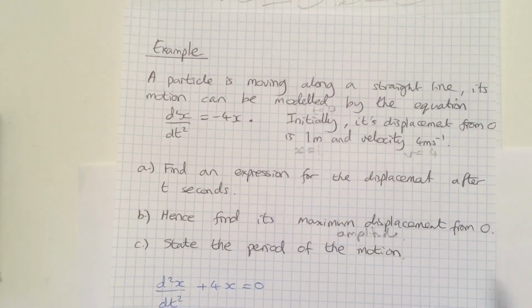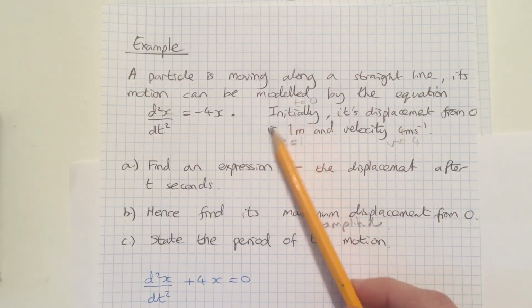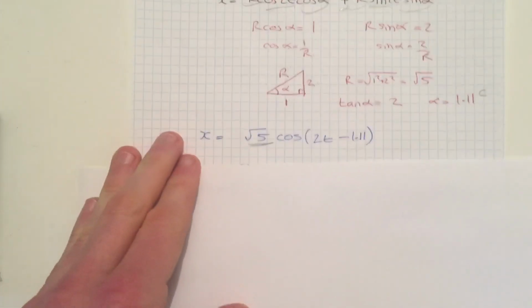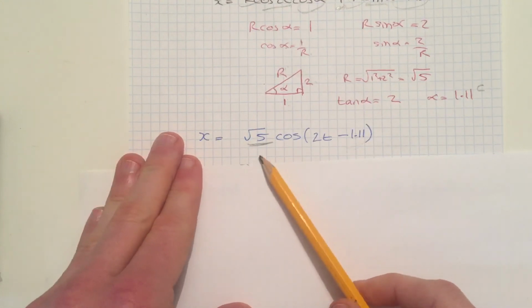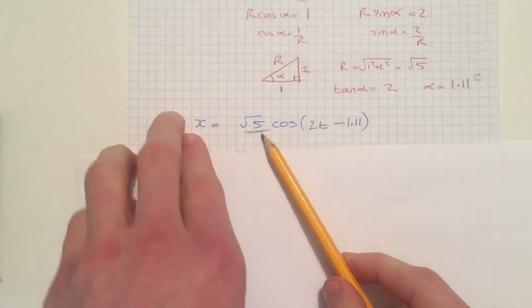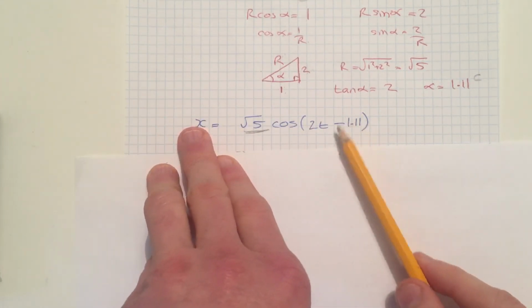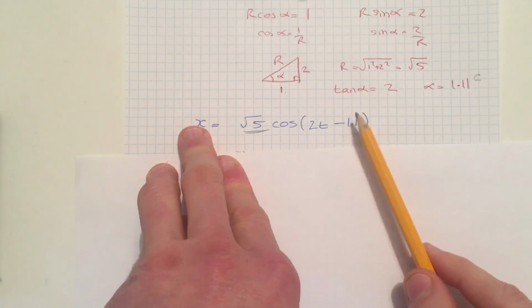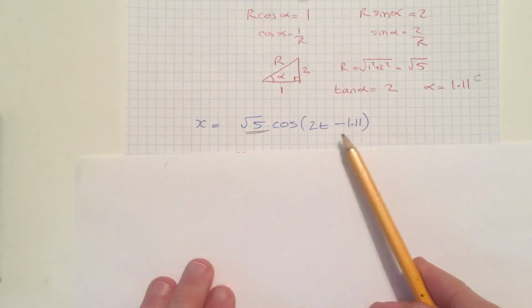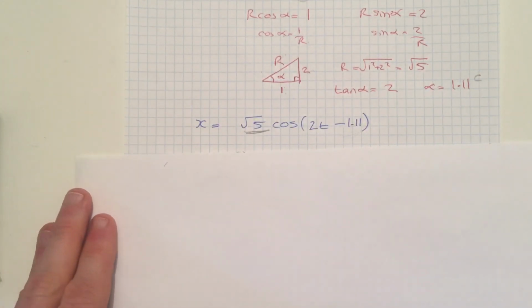That should hopefully make sense, because initially its displacement from O was 1 metre. 1 metre is not the amplitude, so it's not starting from the origin, it's not starting from a maximum displacement, it's just starting at a random position, hence why this is not 0. We've got some correction factor here. This is representing the translation of the graph.